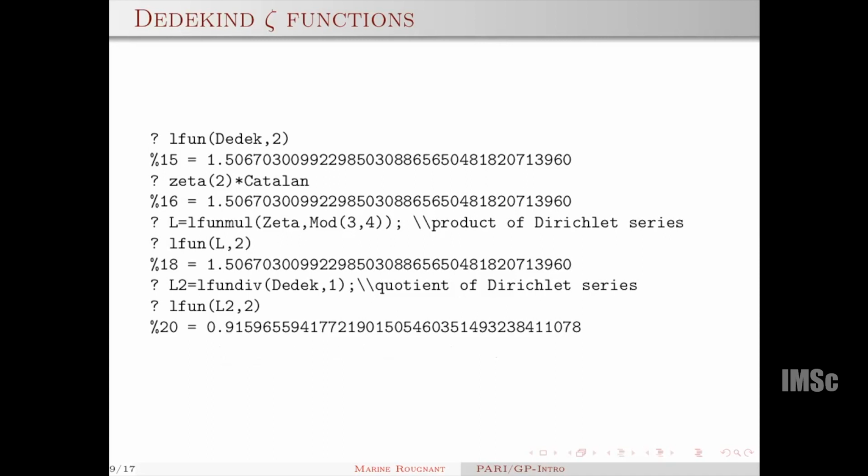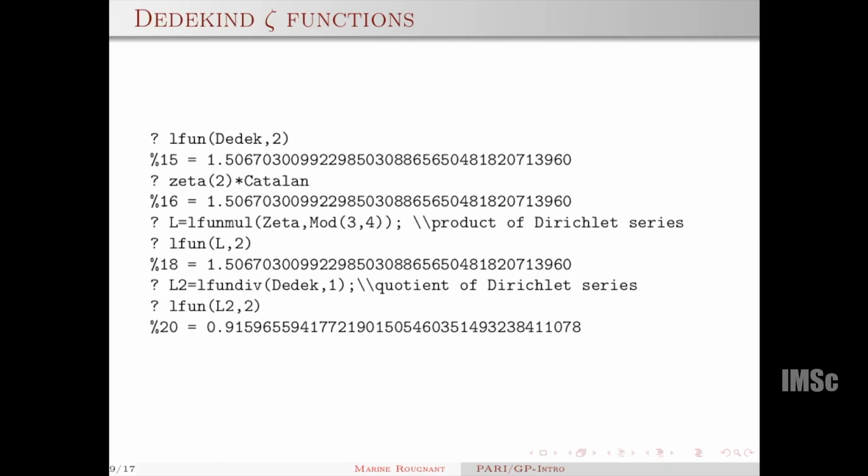I just put this line to show you that you can multiply two L functions with lmul. In the same sense, if you want to add two L functions, you can with ladd. So you can do some operations with L functions quite easily.